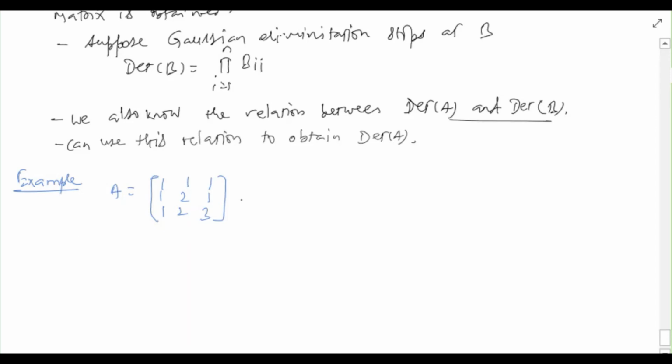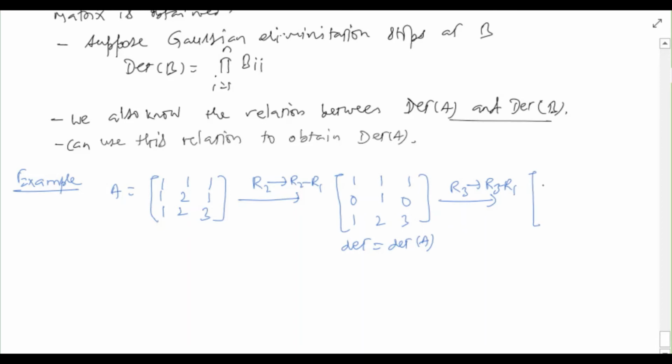Okay, so we will first do R2 to R2 minus R1 to get 1, 1, 1, 0, 1, 0, 1, 2, 3, and we know that determinant of this new matrix is same as determinant of A. Next we will do R3 to R3 minus R1 to obtain 1, 1, 1, 0, 1, 0, 0, 1, 2, and the determinant of this new matrix also remains unchanged, so it's same as determinant of A.